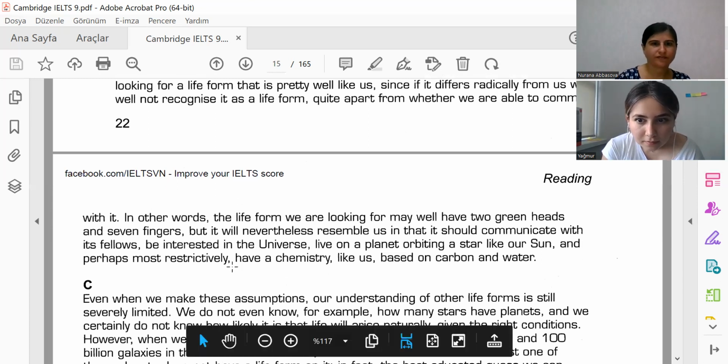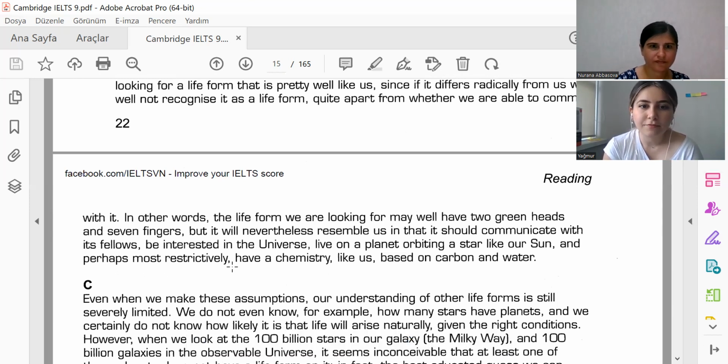And it starts. In other words, the life form we are looking for may well have two green hands and 7 fingers, but it will nevertheless resemble us in that it should communicate with its fellows, be interested in the universe, live on a planet orbiting a star like our sun, and perhaps most restrictively have a chemistry like us based on carbon and water.